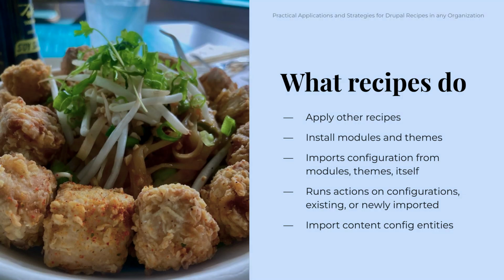So config actions let us do things to configuration in your Drupal site, whether it existed before or is a part of the recipe. And then the final step is that we can import configuration that is content. So you can start off a site with demo content. You can pre-set up taxonomies. So that's a really powerful feature too.